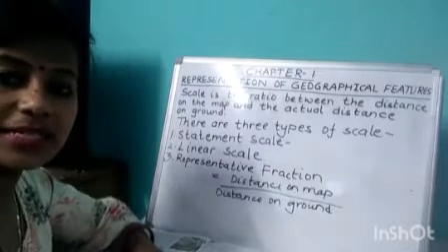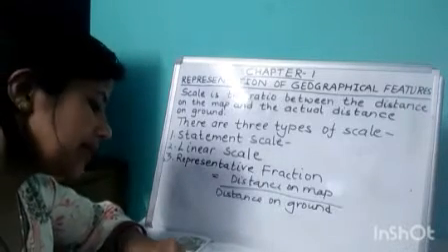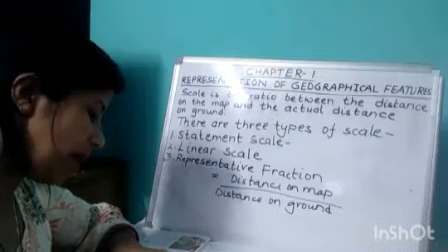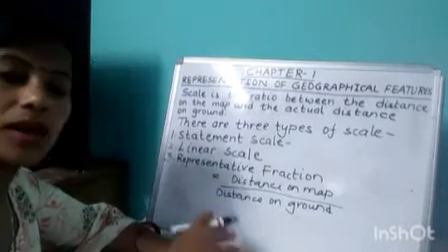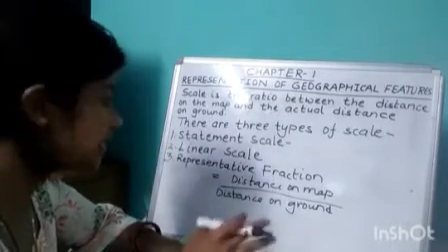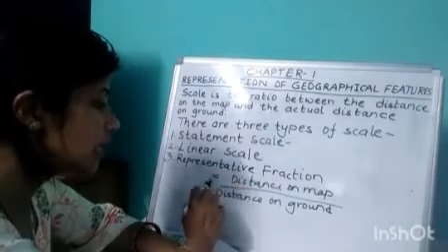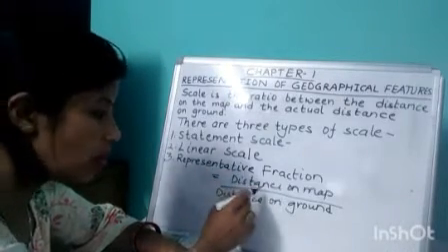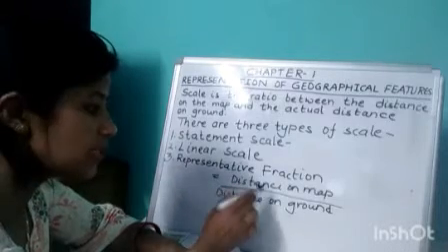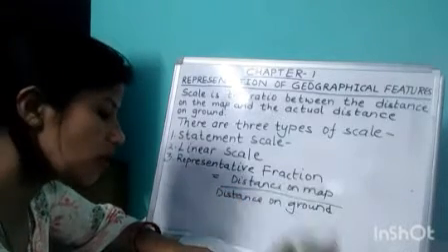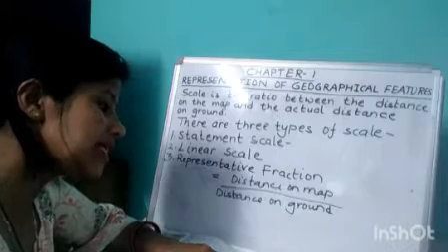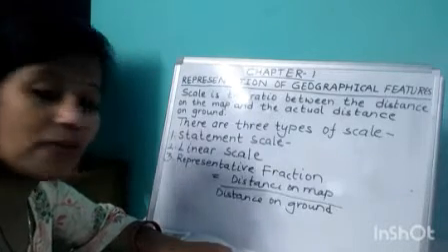Here it is the ratio between the distance on map and the distance on ground. The scale is represented in the form of a fraction.